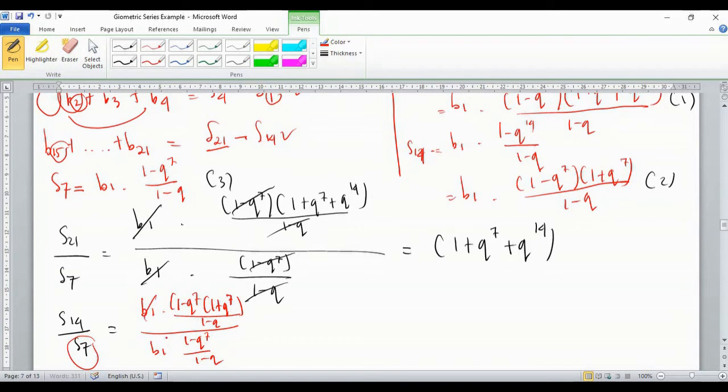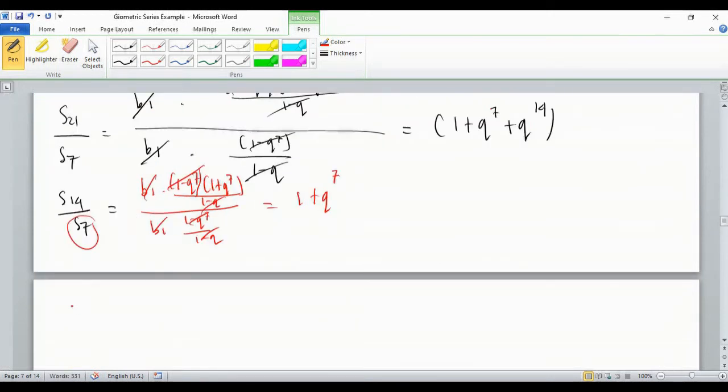From here, we can cancel again, and what is left is 1 plus q power 7. So S14 over S7 is equal to 1 plus q power 7, right?